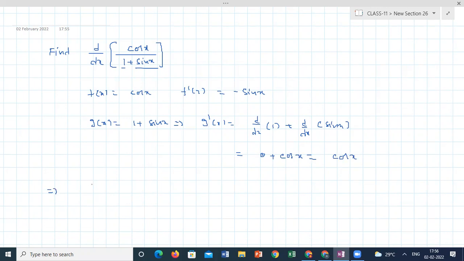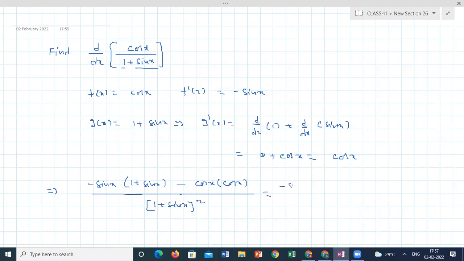So numerator differentiation into denominator minus numerator into differentiation of denominator, divided by 1 plus sin x whole square.